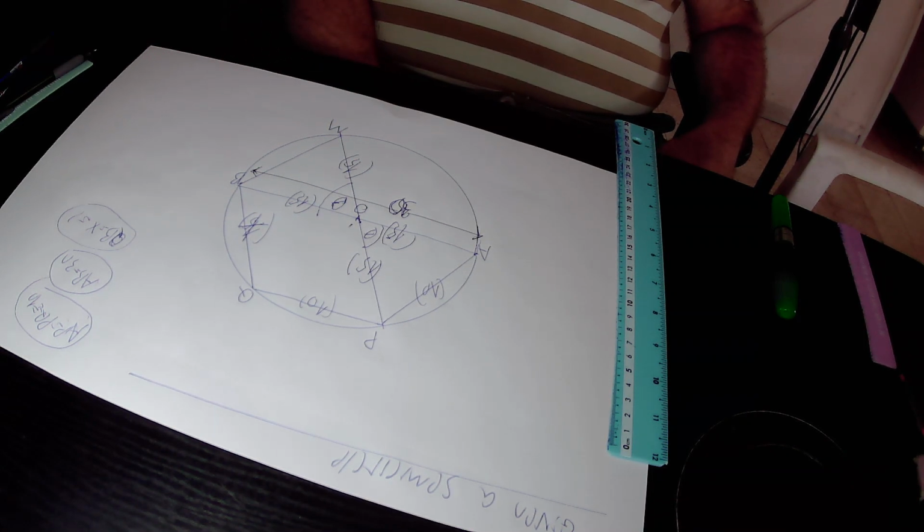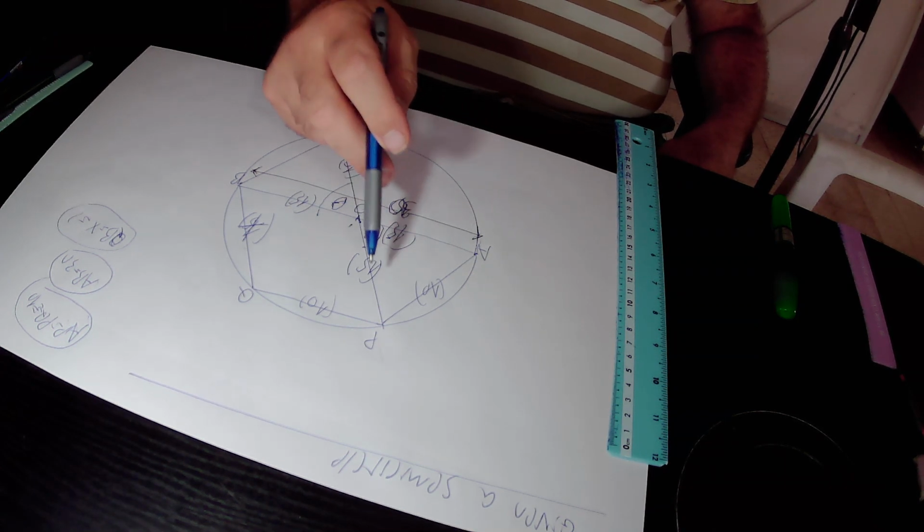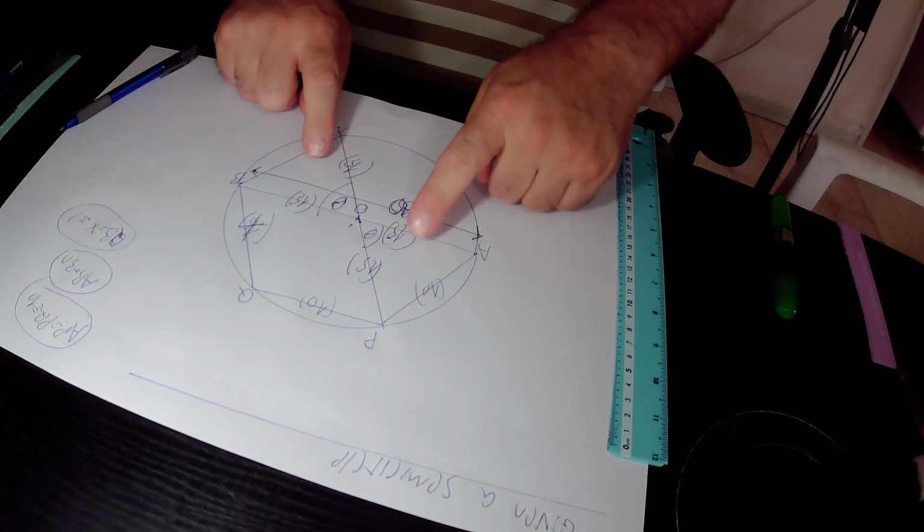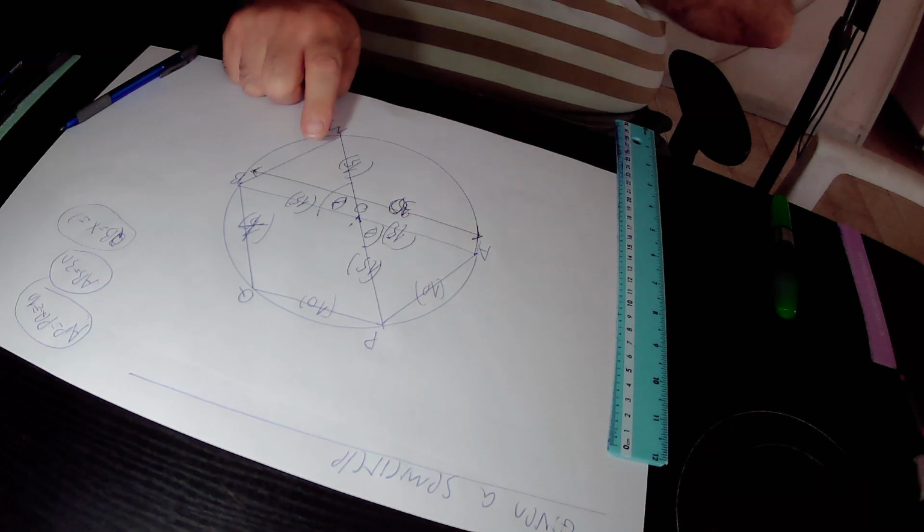So in the next step, we'll prove that triangle AOP can go into triangle MOB. We prove that those two triangles can go into each other.